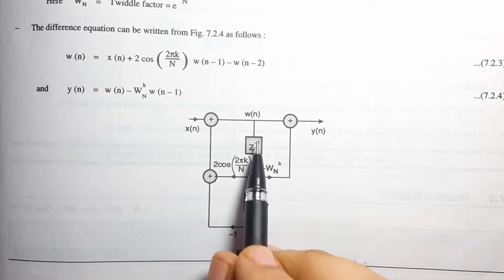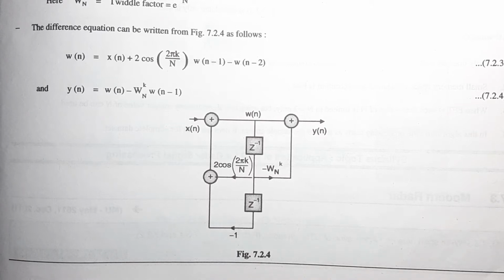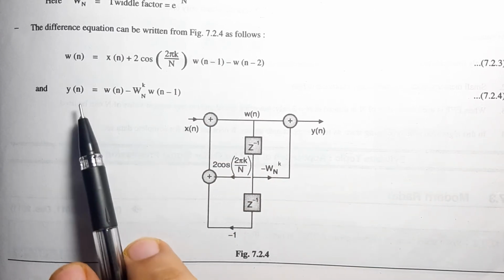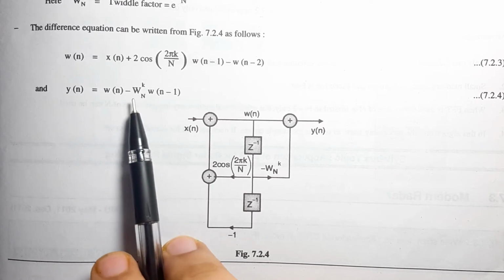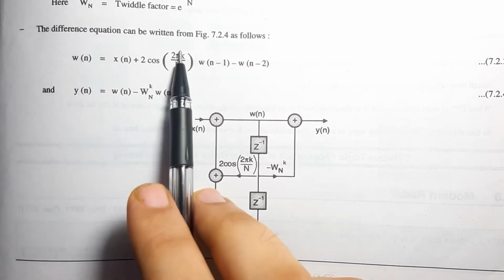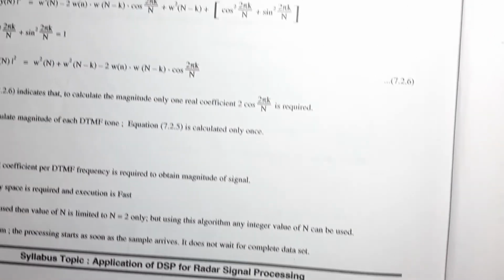And you have one more term with double delay, that is w(n minus 2). This entire thing is given as an input again, causing a feedback effect. And y(n) is given by w(n) minus W_N^k times w(n minus 1). These two are standard equations. We'll perform some mathematical operations so that we can understand it better.